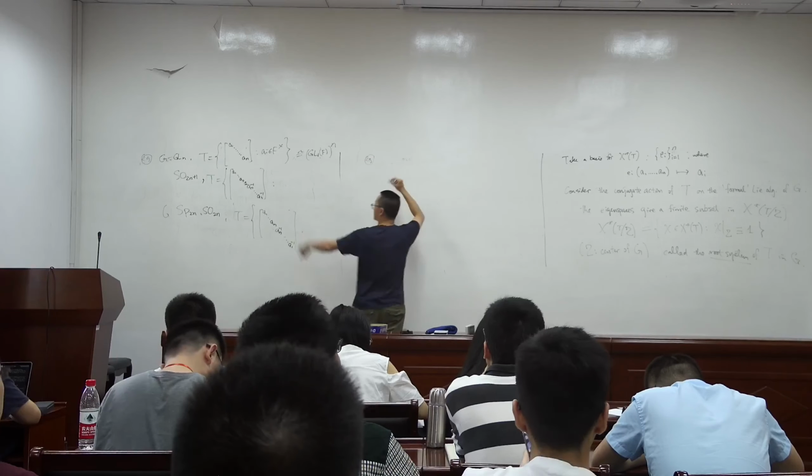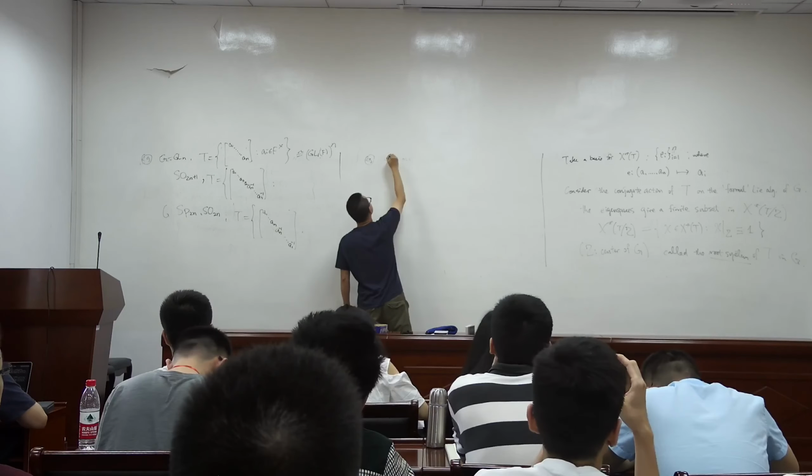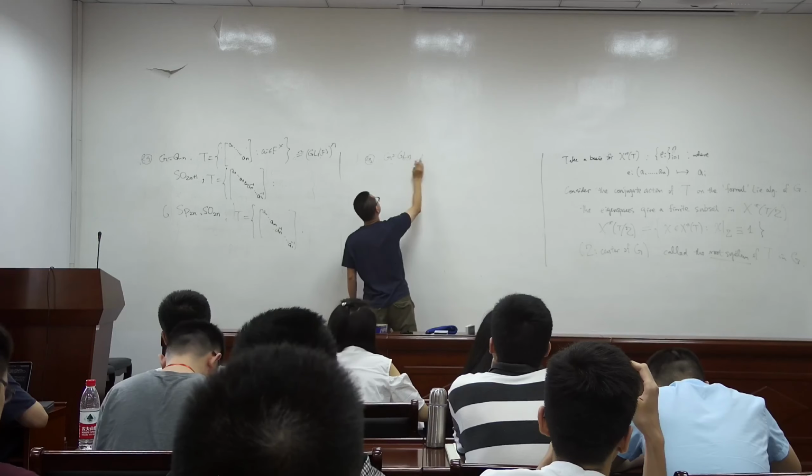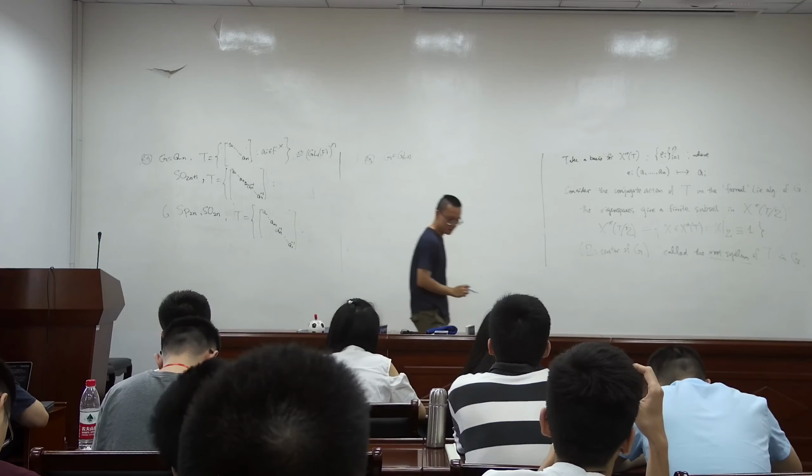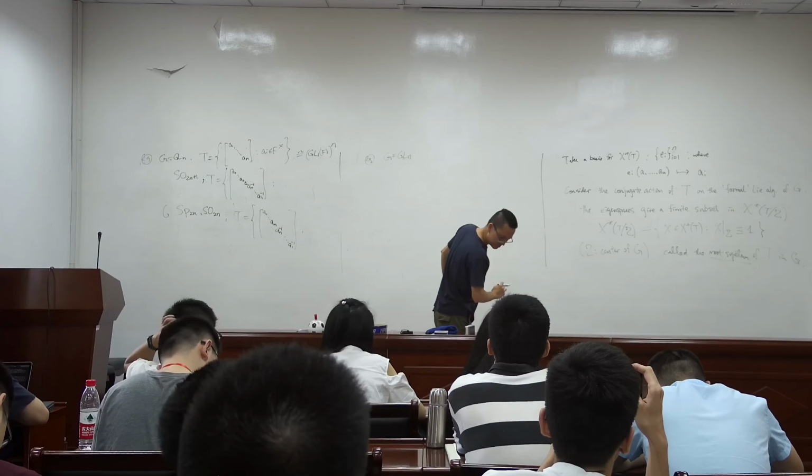So again, I'll use these classical groups. So in GLN, what is the root system?